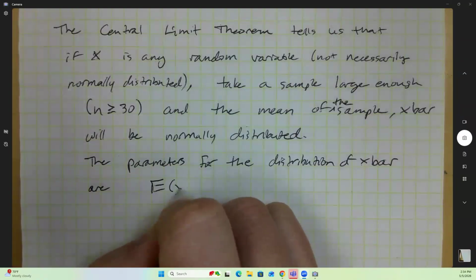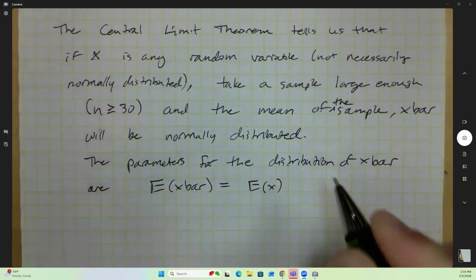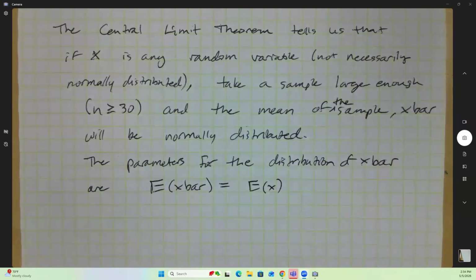are the expectation, which is going to be the exact same as the expectation of x, because your best guess for what a sample mean is going to be will be the mean of the whole distribution.